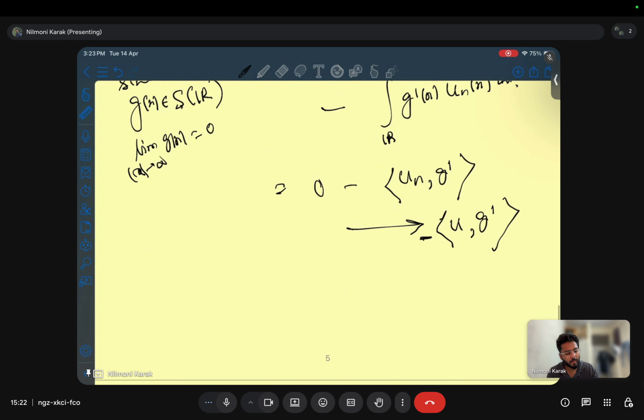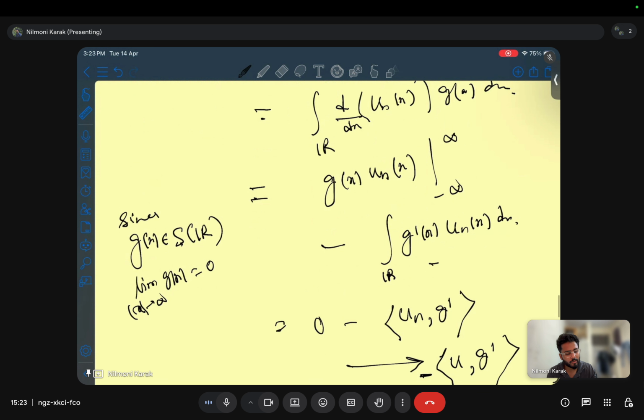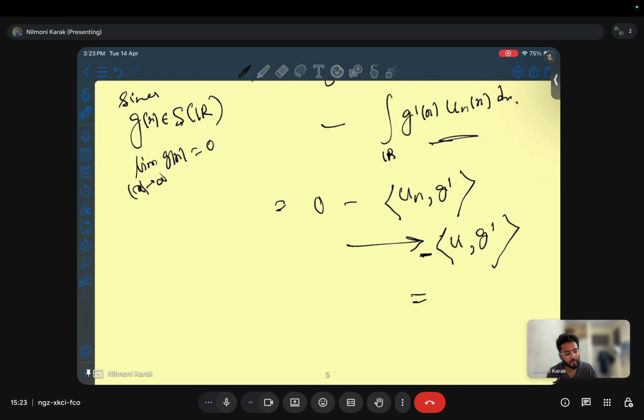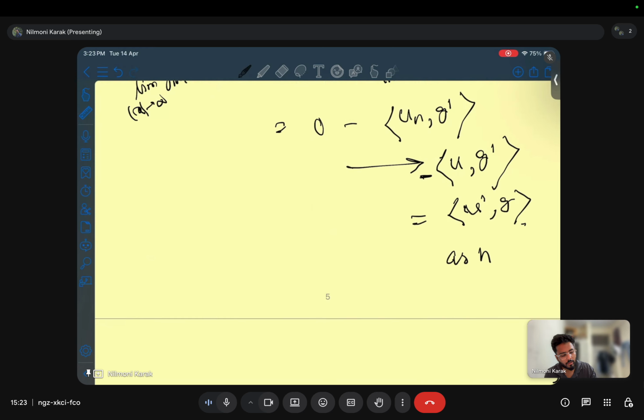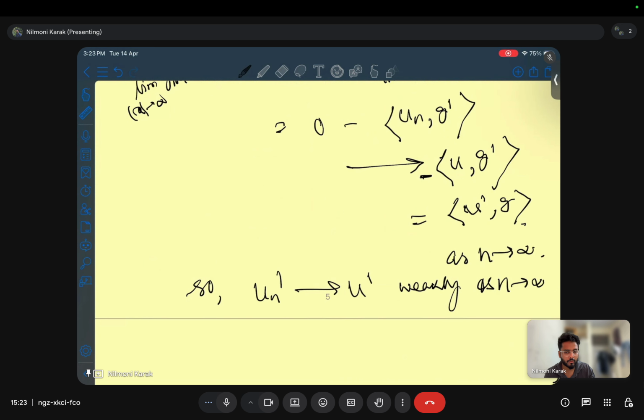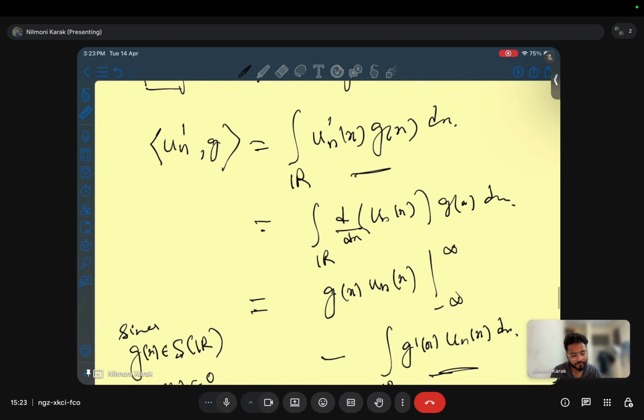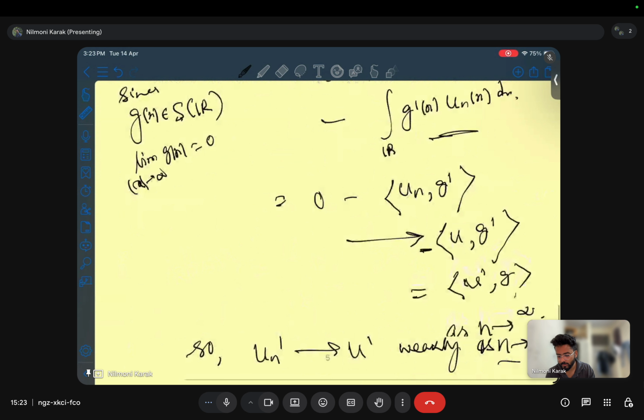And again, going the reverse way using integration by parts, you will have u dash applied to g, as n tends to infinity. So un dash converges weakly to u dash. Okay, this is done.